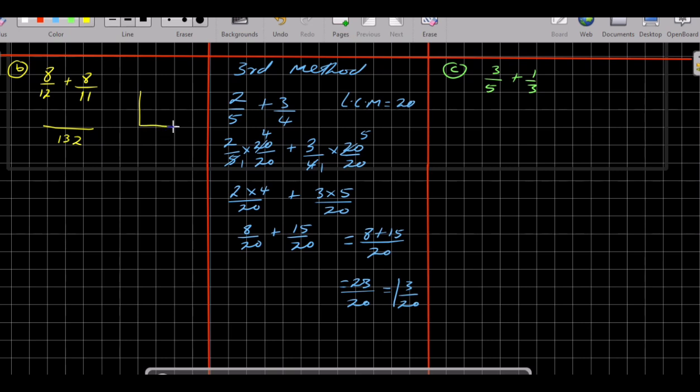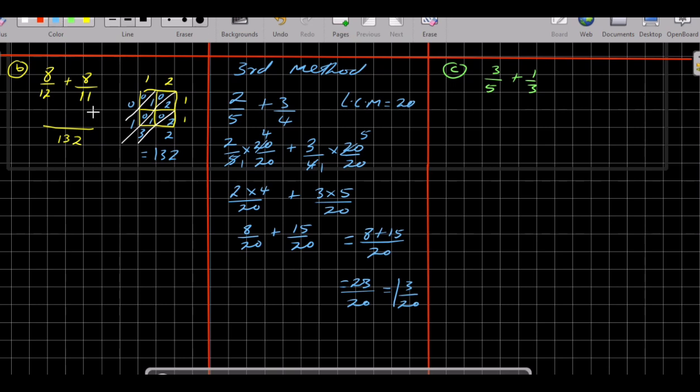It could help when you want to find the LCM. So you have 1, 2, and you have 11. So your final answer is going to be 132. Can you see? That's how to figure out your LCM by multiplying the denominators.